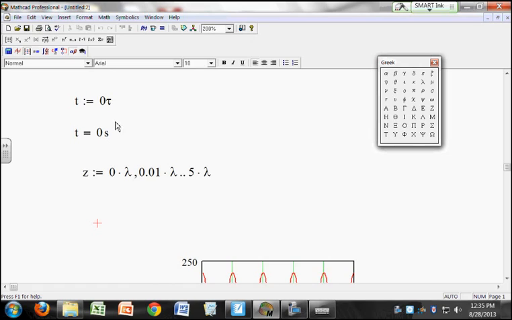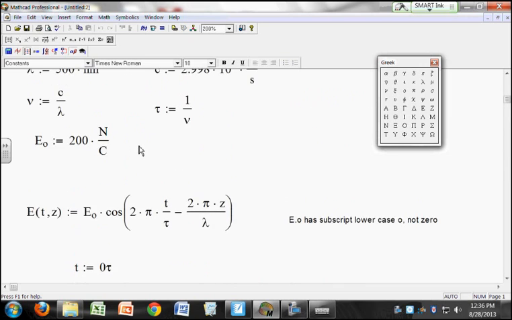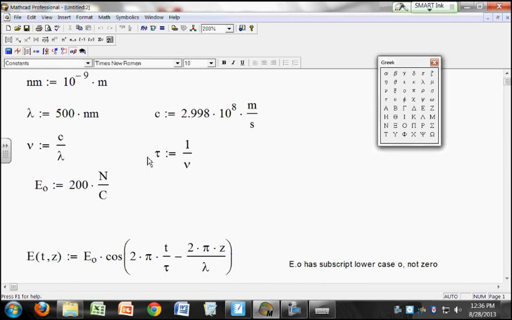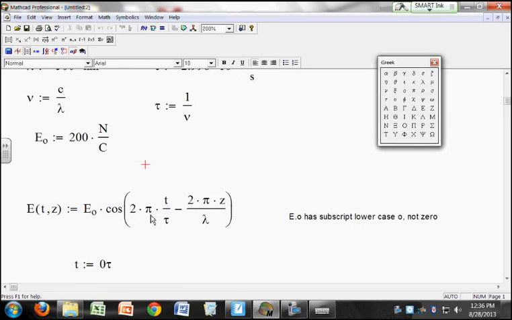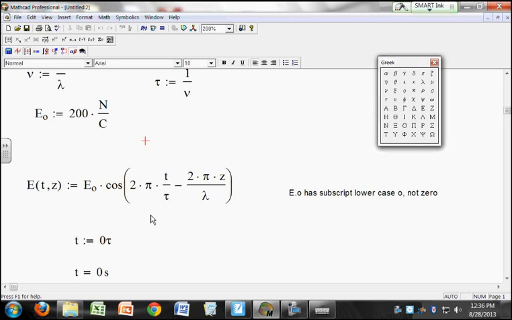Once you've defined it, you can ask Mathcad to tell you what it is. So you say t equals, and it should show you just t equals 0. Now, if it doesn't show the unit, that means further up, you did not define tau correctly. So that's a quick way to check if you have problems with your units.